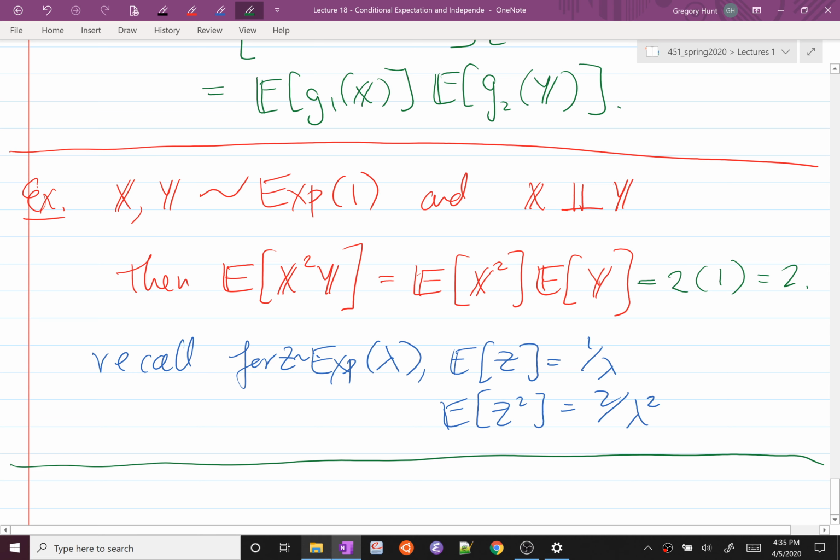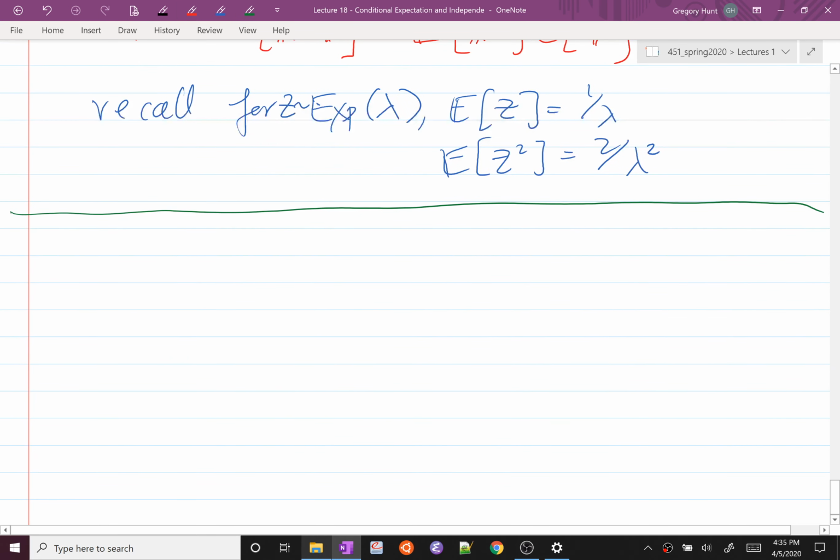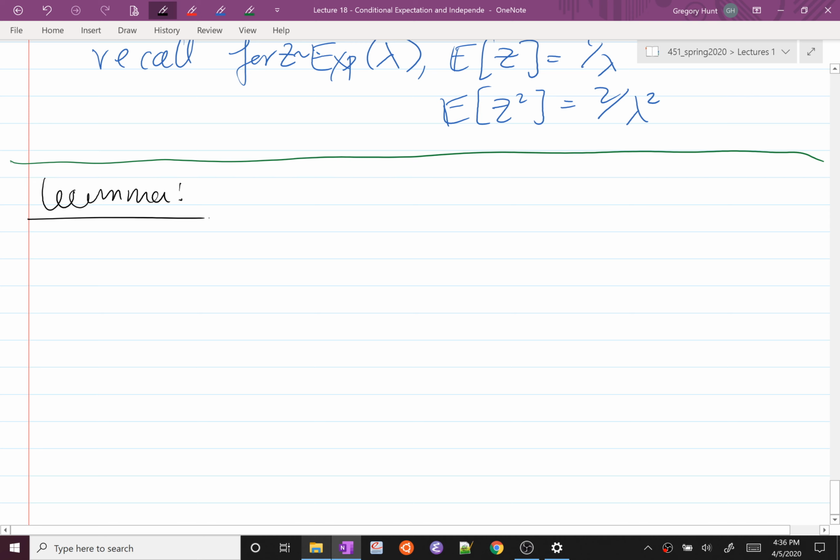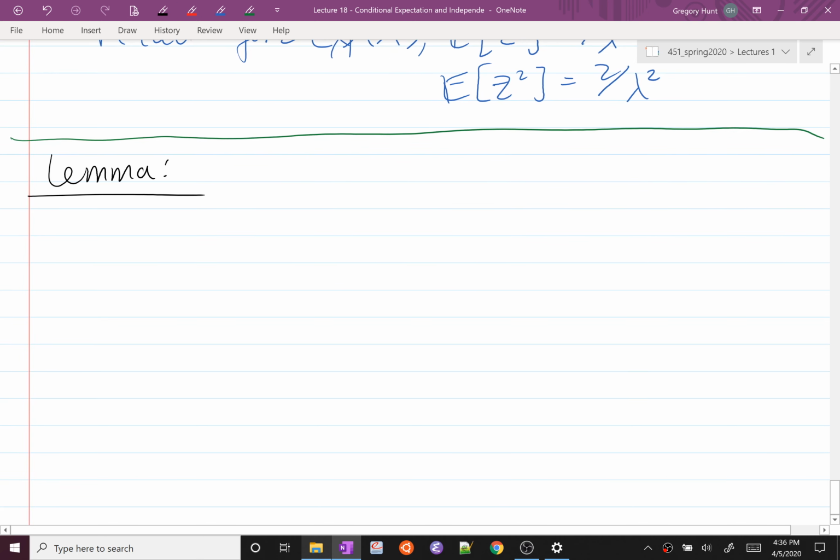Other things that turn out really nice when we have independence include the moment generating function. So we've seen these MGFs before, and here is our little lemma, a short little fact about MGFs of independent random variables.